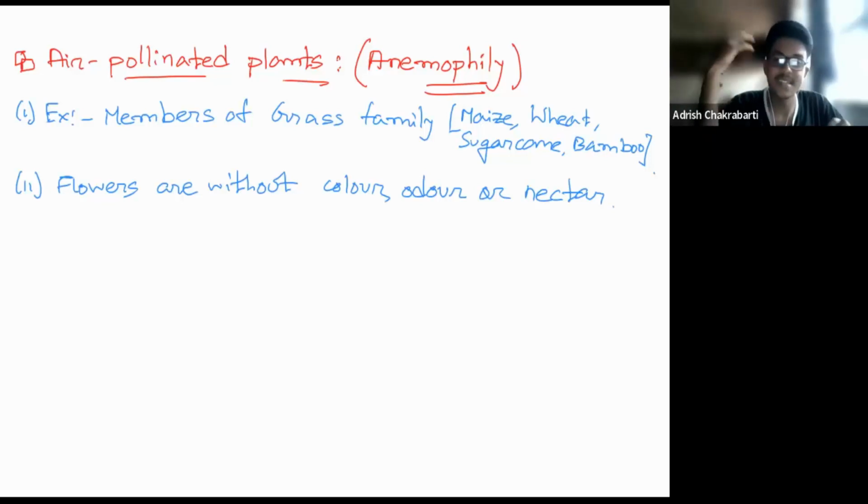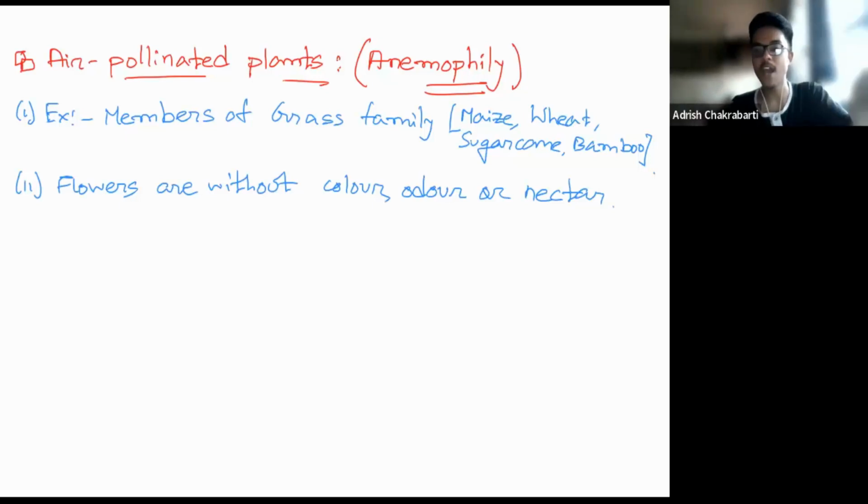They produce nectar as a reward for the pollinator. You can think of it this way: the pollinator is coming, helping the plant by pollinating, and in return it is gathering nectar. So it's a give and take system. So the flowers having characteristic odor, characteristic color, or producing nectar do so to attract their pollinators.